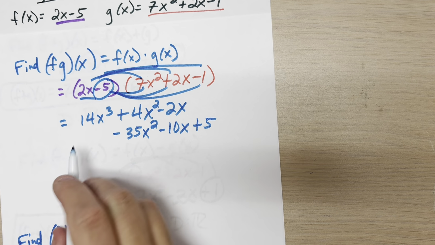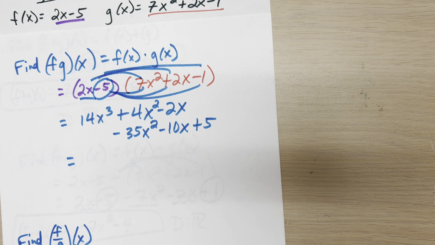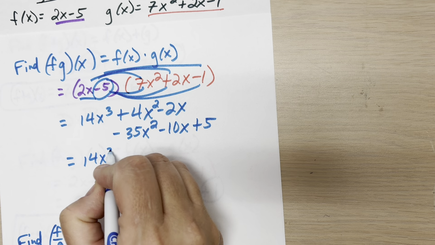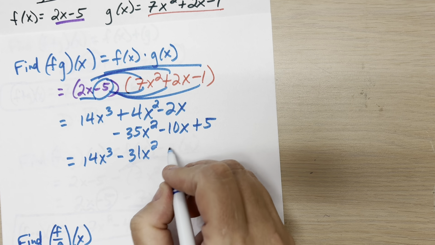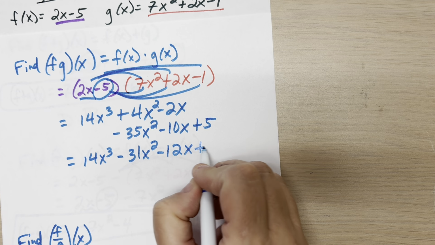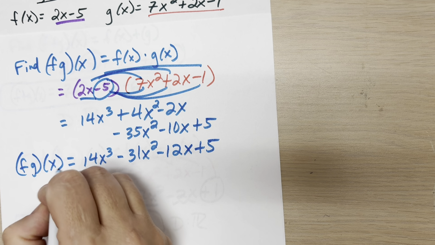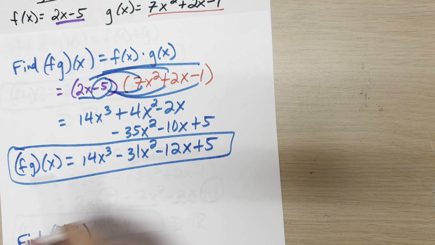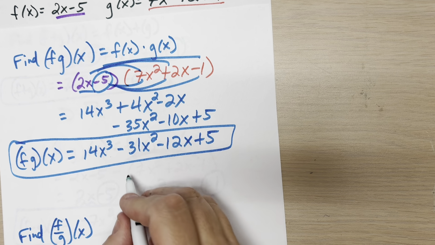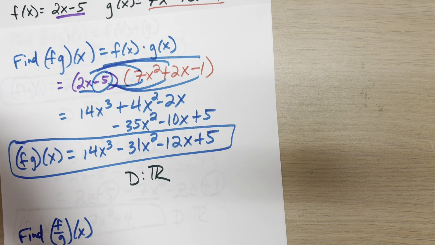If you align your terms like this, you can now just combine the columns. Isn't that nice? Here's 14x cubed, this is -31x squared, -12x plus 5. So if we're thinking about the domain of this product, since it's a cubic function, our domain is going to be all reals.